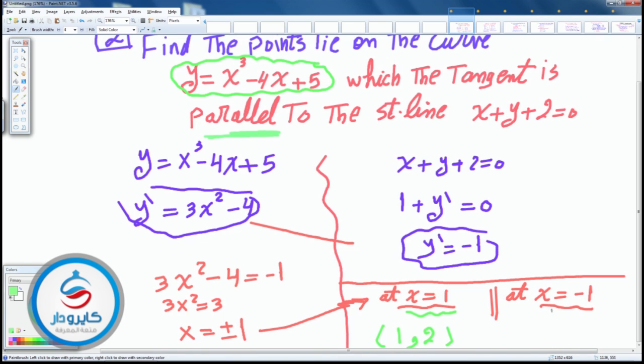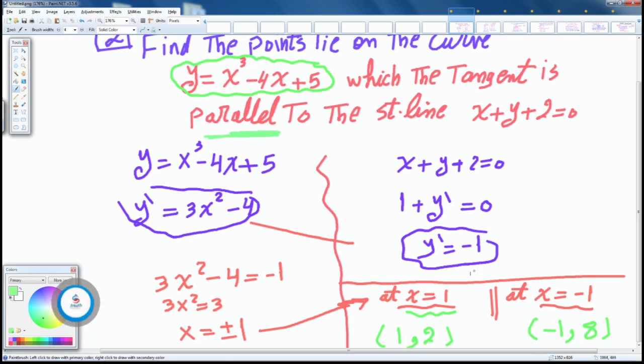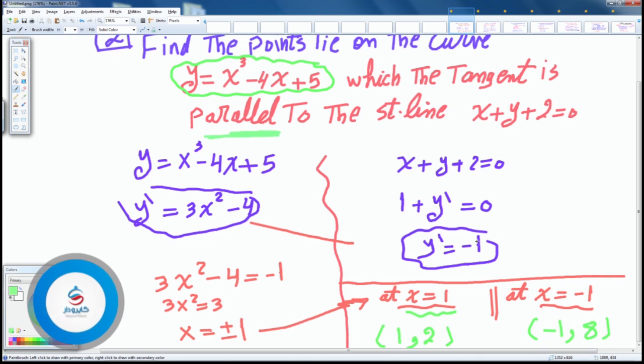This is the first point. Second, if we substitute x by negative 1, we find that the value of y equals 8. That means we have 2 points lying on the curve y equals x power 3 minus 4x plus 5. This satisfies the condition.